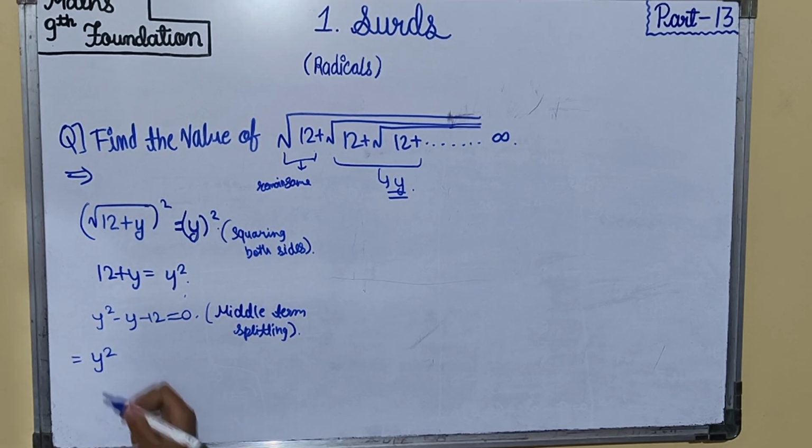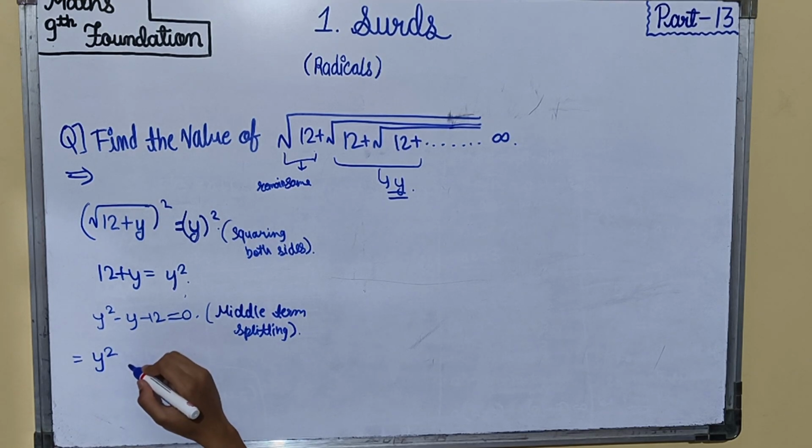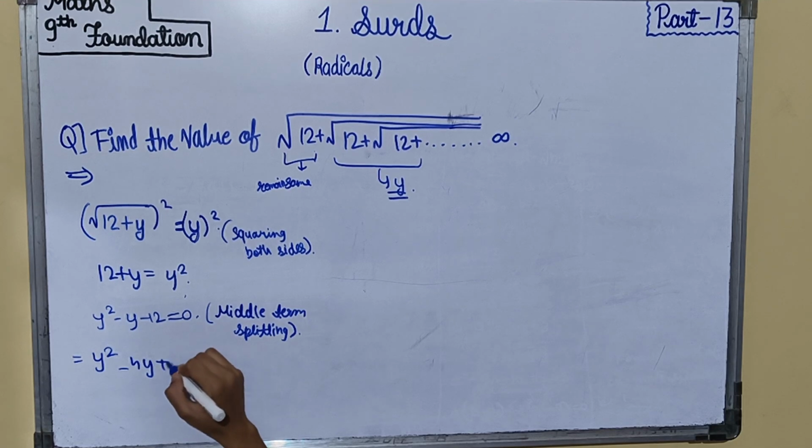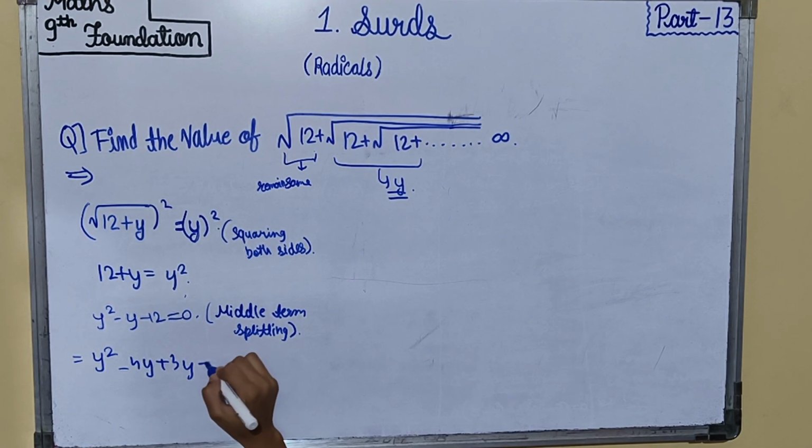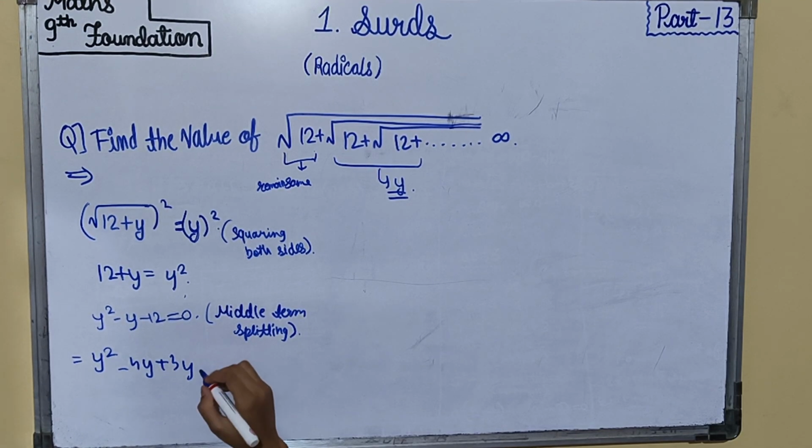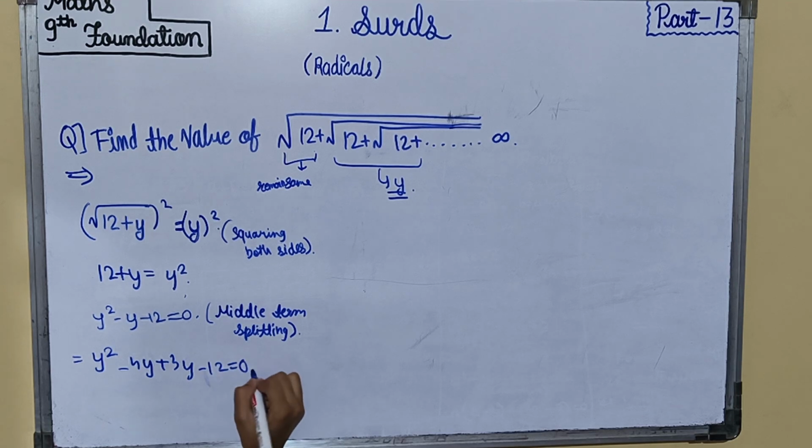So y square minus 4y plus 3y minus 12 equal to 0.